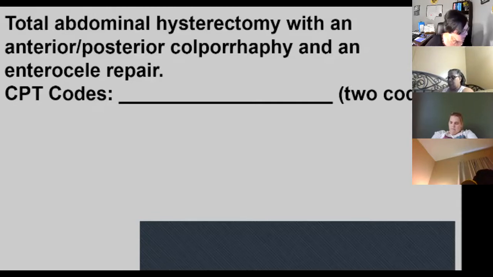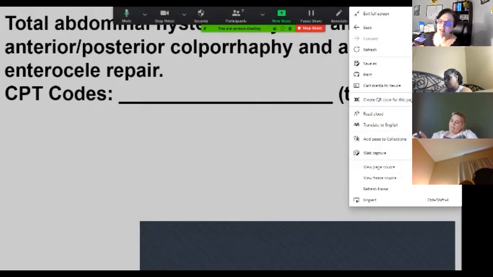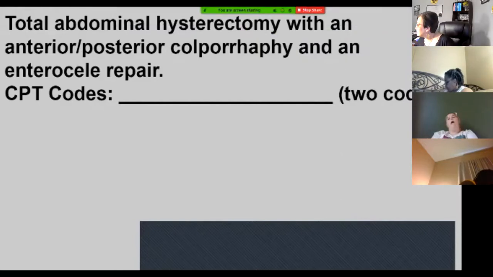So that's where I started. I went to colporrhaphy. It's on page 1011. Right underneath colporrhaphy, it says anterior. Then you keep going and it says anterior posterior. So is that where we need to be? Anterior posterior?